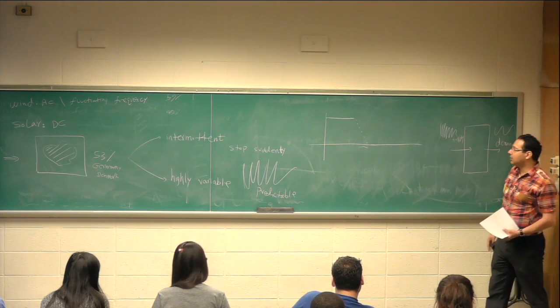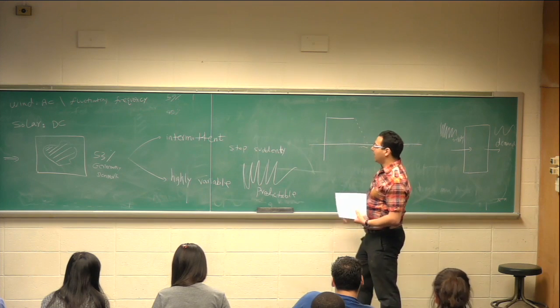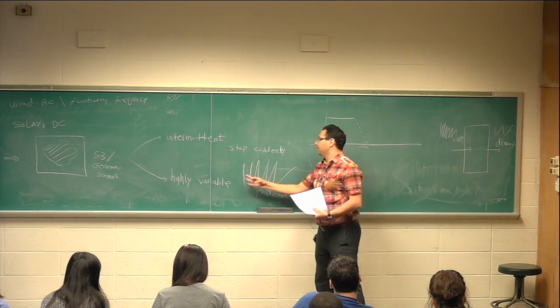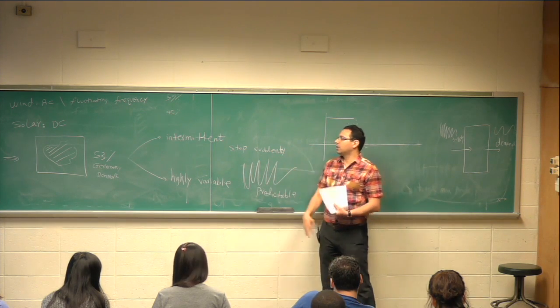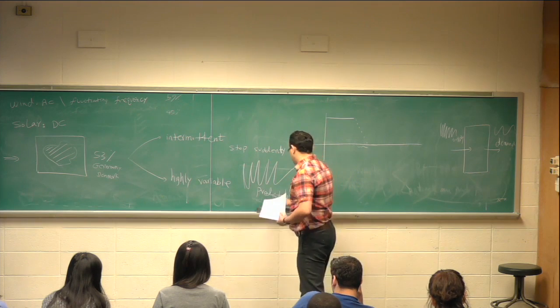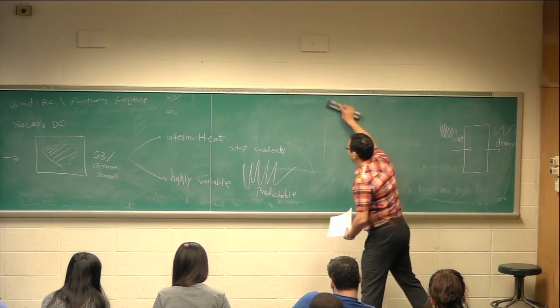And now the question is, how can I compensate for this high volatility? And also this is even more important. Probably we can deal with volatility, but not with sudden loss of power.